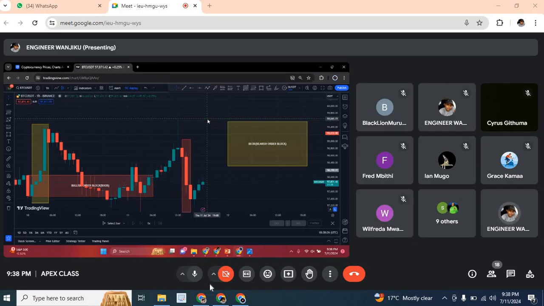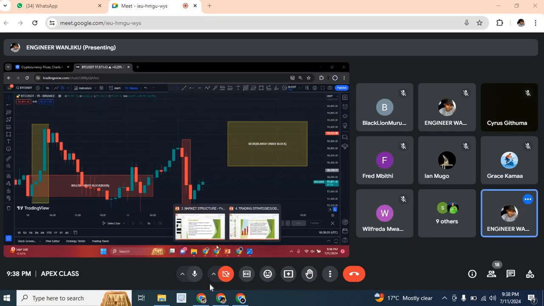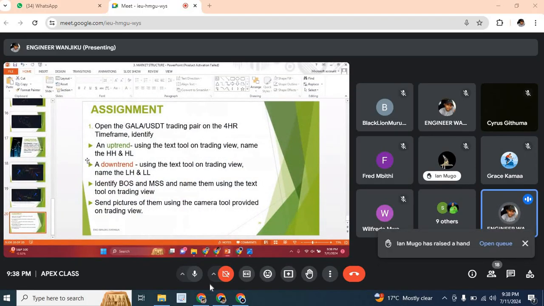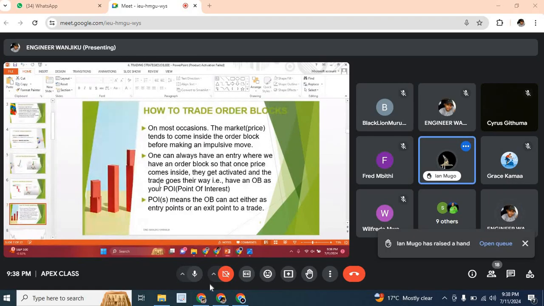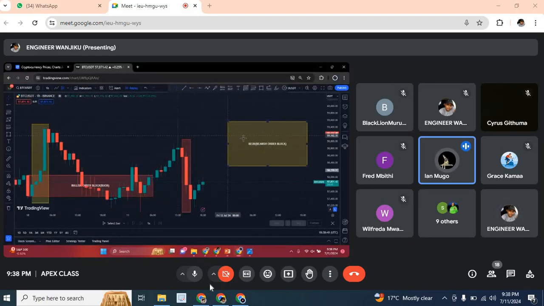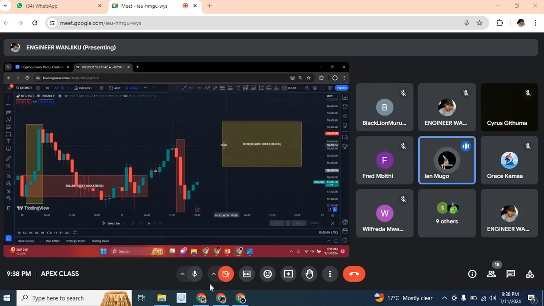So I think we have done features of a tradable. Ian, you have a question? Yes. So what if you decided to do two entries in this sense? For example, it's a bullish order block, right?